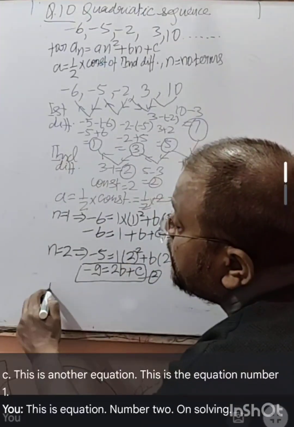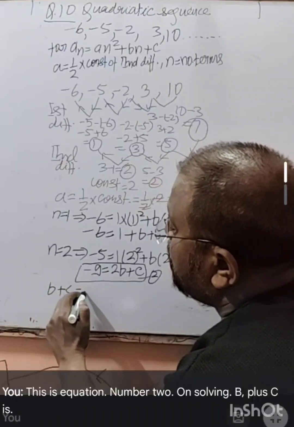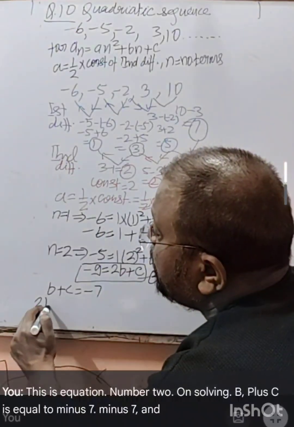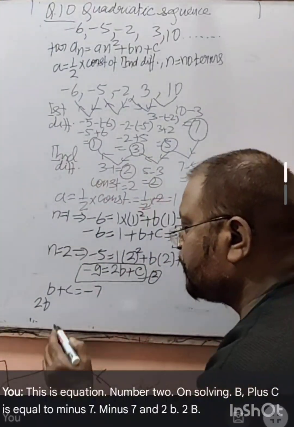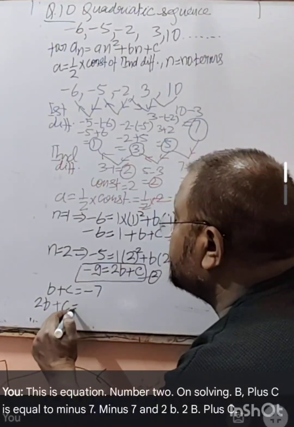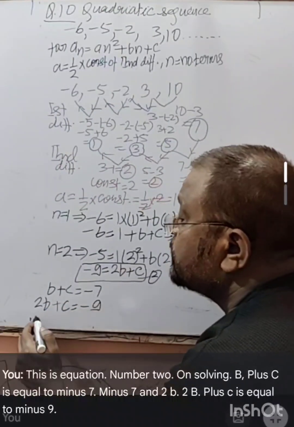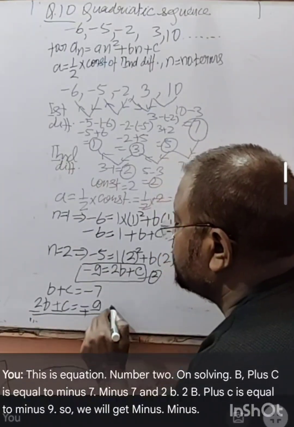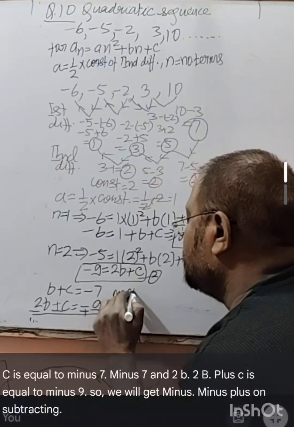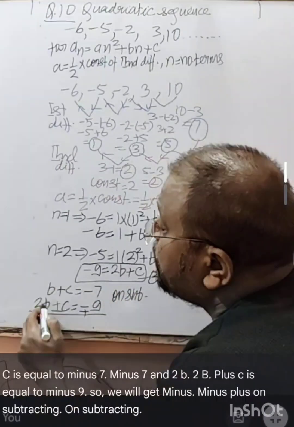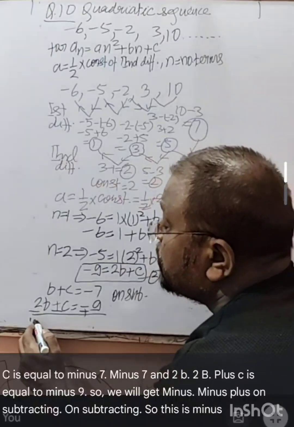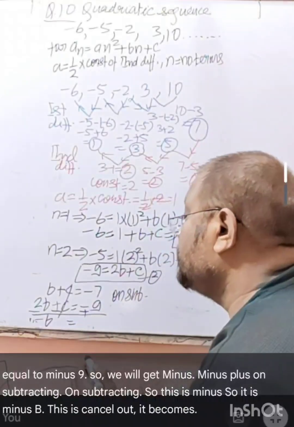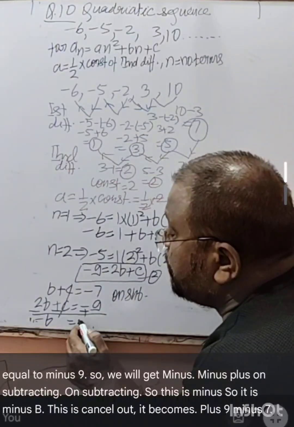On solving, b plus c is equal to -7 and 2b plus c is equal to -9. On subtracting, minus minus plus, so it is minus b. This cancels out, it becomes plus 9 minus 7 becomes positive 2.